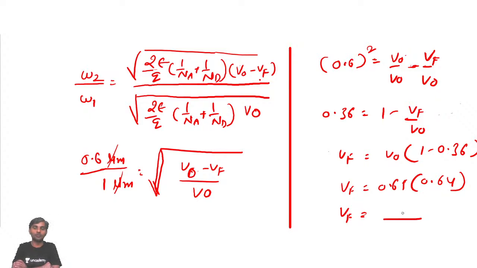Now tell me what will be the value: 0.6 minus 0.64. What is the Vf?